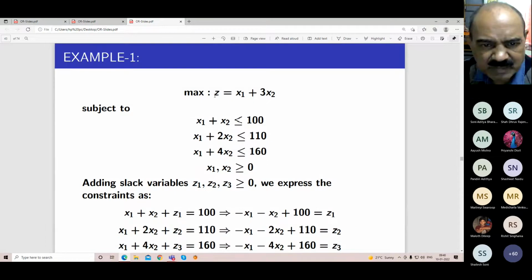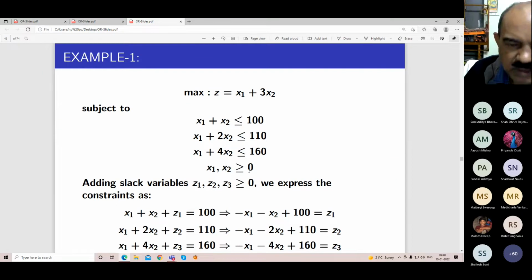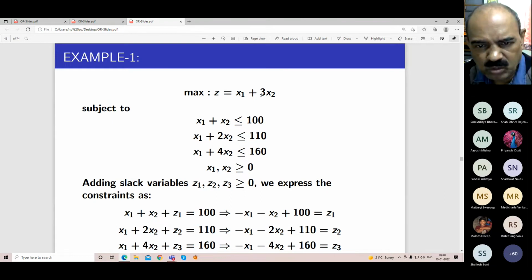Maximize z equal to x1 plus 3x2, subject to x1 plus x2 less than or equal to 100, x1 plus 2x2 less than or equal to 110, x1 plus 4x2 less than or equal to 160, and x1, x2 are non-negative, and we are adding slack variables. Generally, I can add x3, x4, x5.